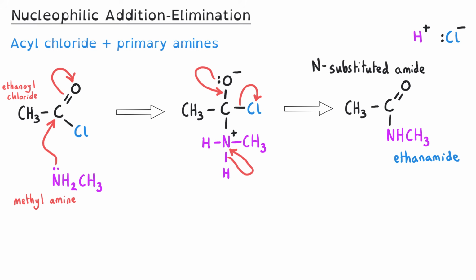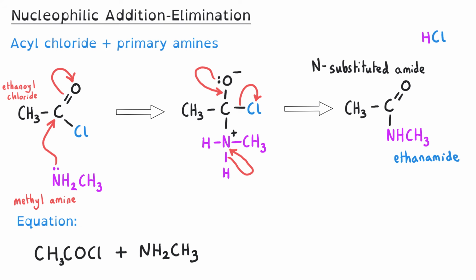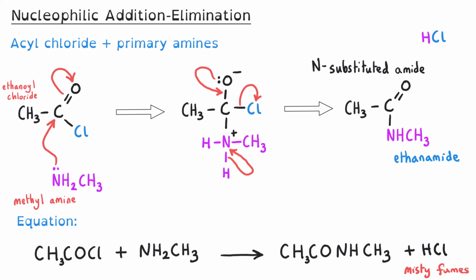And remember, we make our two ions as a product, which would come together to make HCl. So we would refer to this as having eliminated HCl from the molecule. In terms of an equation, we've got our ethanoyl chloride structural formula here. It's reacting with the methylamine, and we're producing our N-methyl ethanamide and the HCl.